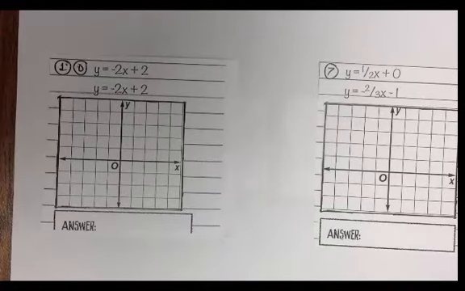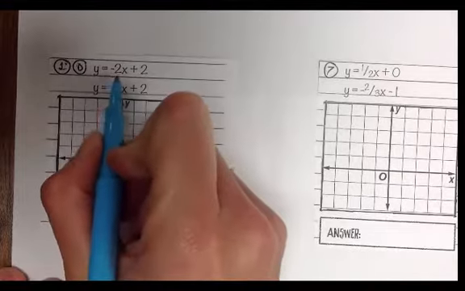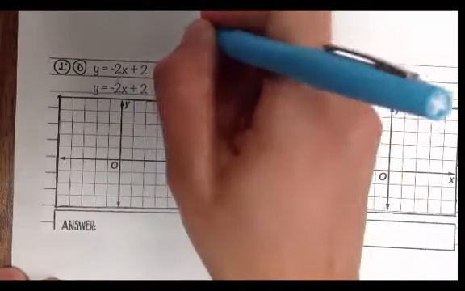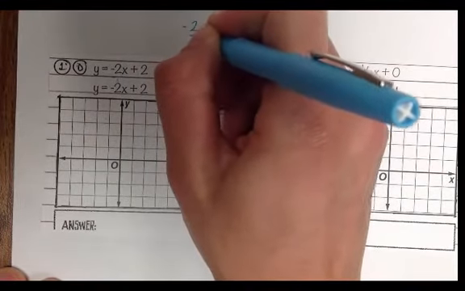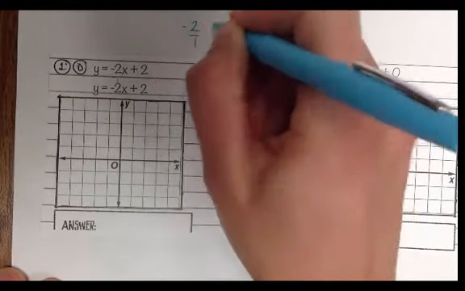Here we have negative 2x plus 2, and we have negative 2x plus 2. Let's check out what our slope is. I can put this over 1. So negative 2 over 1 means I need to go down 2 and to the right 1 unit. My y-intercept is positive 2. So here's my origin, 1, 2, plot it, and now I'm going to apply my slope.